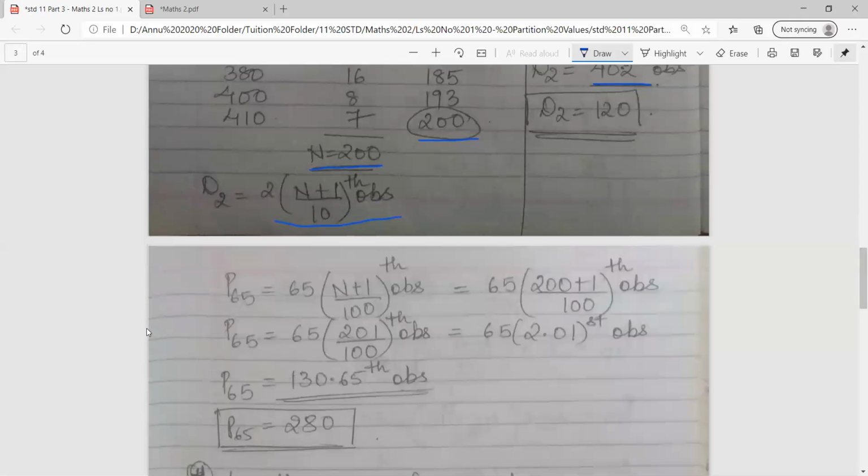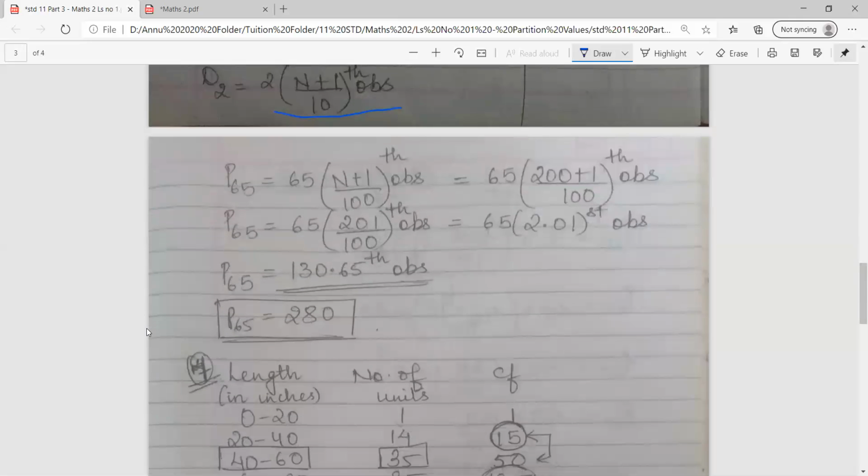Now we'll find out P65 by putting the same formula, but changing the denominator and the number before the bracket. So P65 is equal to 65 bracket open n plus 1 upon 100th observation. So 201 upon 100th observation gives you 2.01.